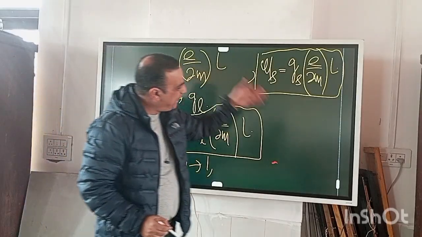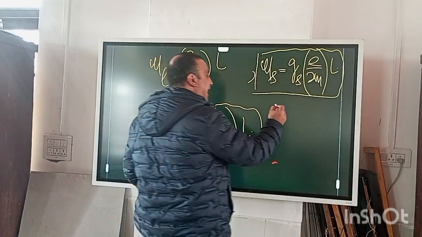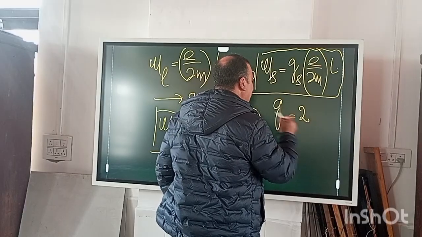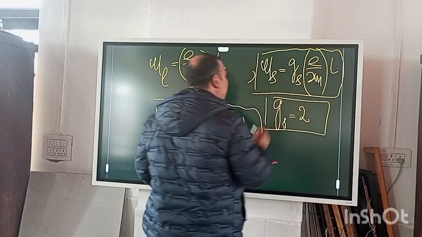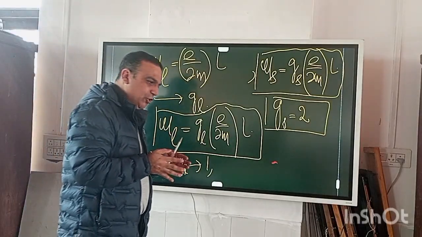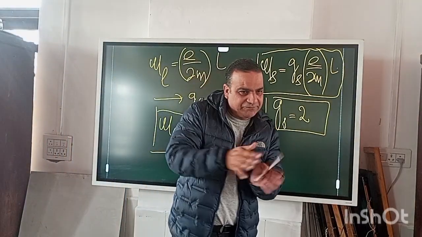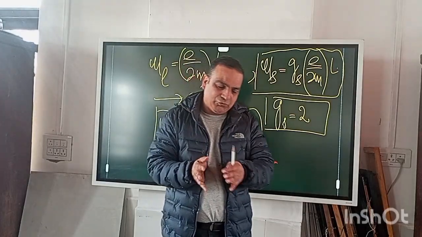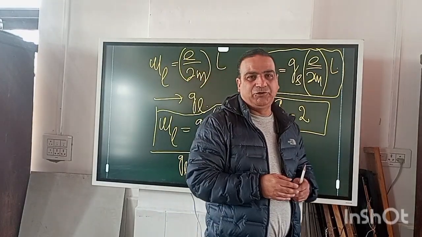So for the spin angular momentum, the value of this gs is equal to 2. So this is how the magnetic moment due to the orbital motion of the electron is differentiated from the magnetic moment due to the spin of an electron.